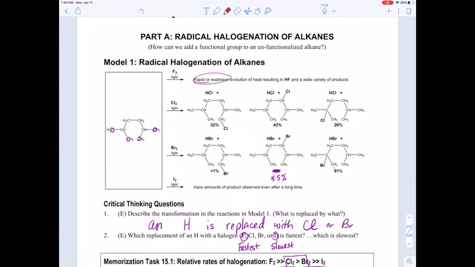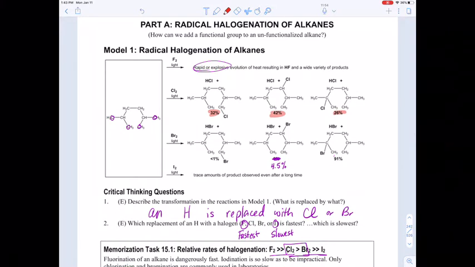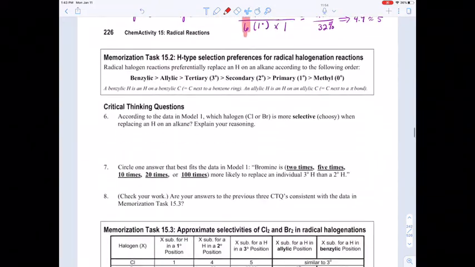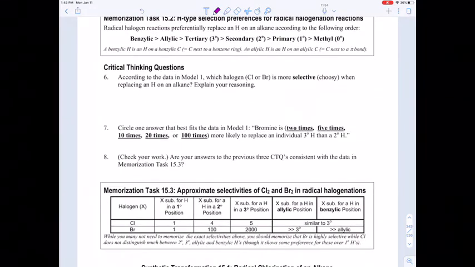And looking at this, remember chlorine 32, 42, 26. It's fairly evenly split. Here we know bromine does not like primary. It's really not that excited about secondary, but look at tertiary. Tertiary is 91%. So that tells us bromine is the more choosy of them.